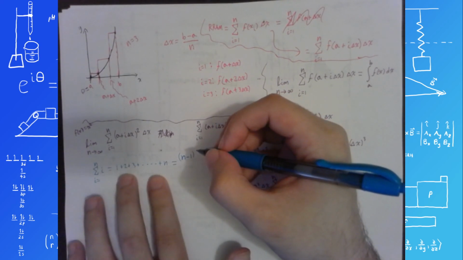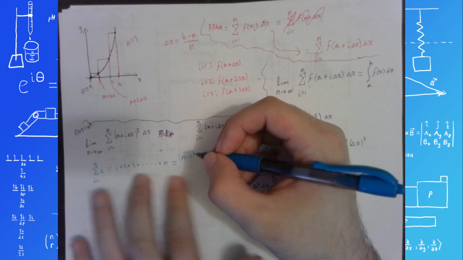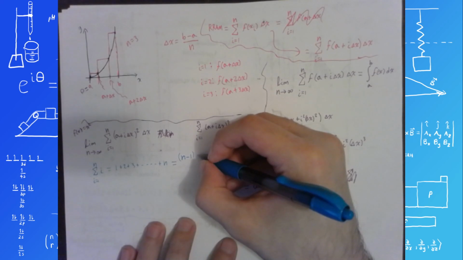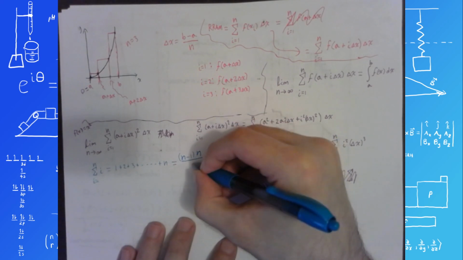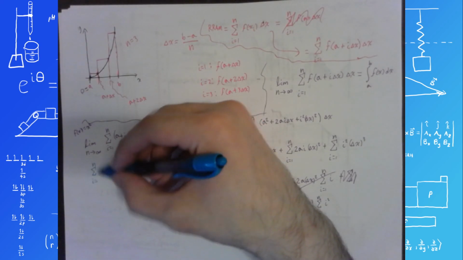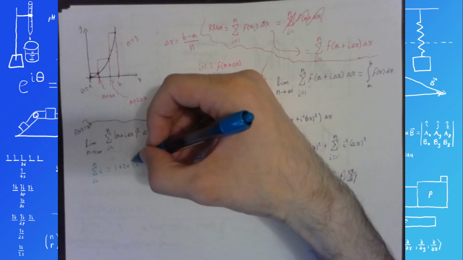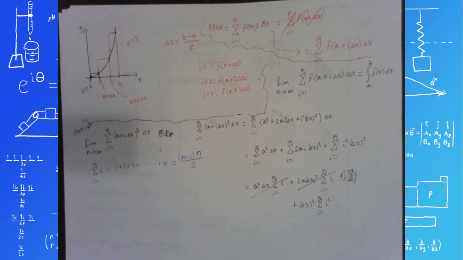So you do a bunch of pairs, n plus 1, n minus 1 plus 2, n minus 2 plus 3, all n minus 1s, multiplied by the total number of pairs, which is the total number of numbers, n, divided by 2. And that gives you the summation formula for, what do I want to call it? The summation formula for, I guess this would be an arithmetic sequence that increases by 1 every time.